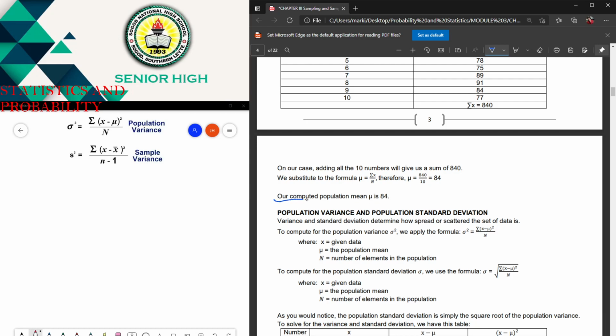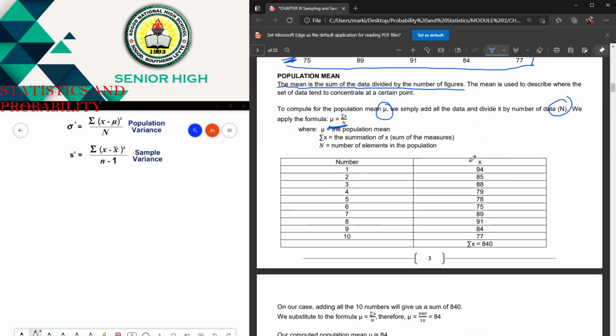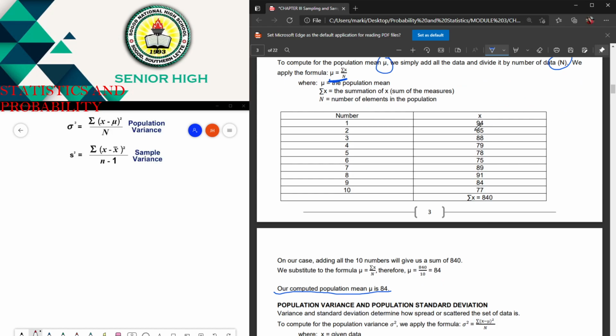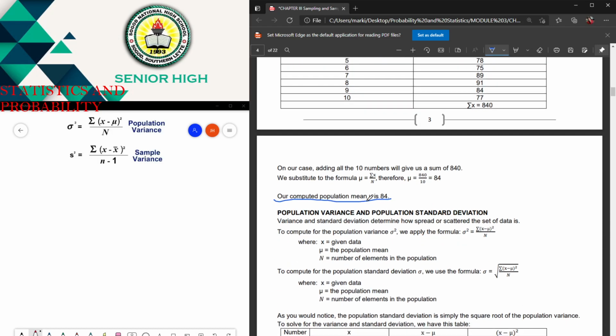That is how you get the population mean. You add all the numbers given, because that is the population, and then divide by the number of elements. So 840 divided by 10, your mu is 84.